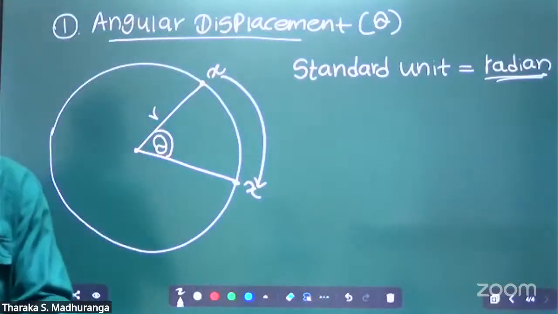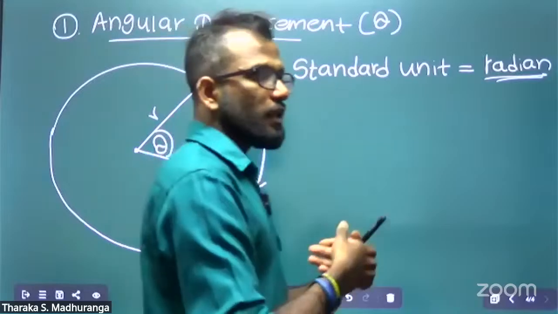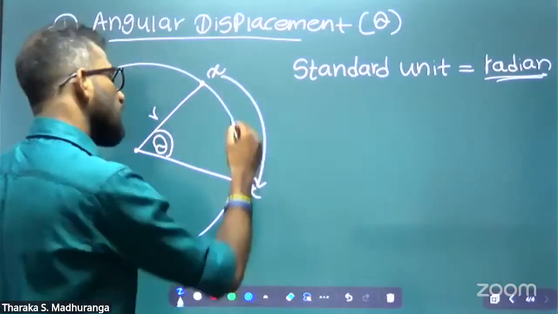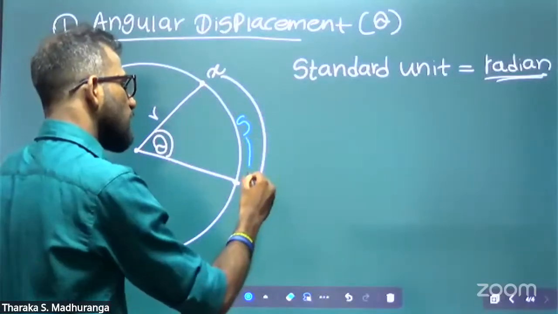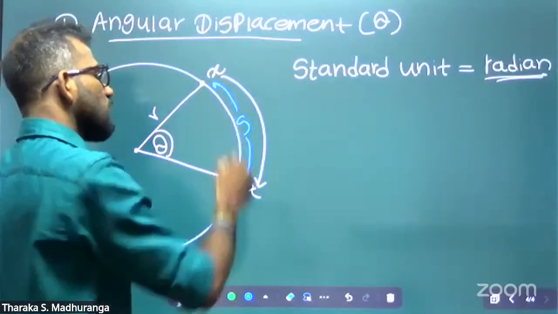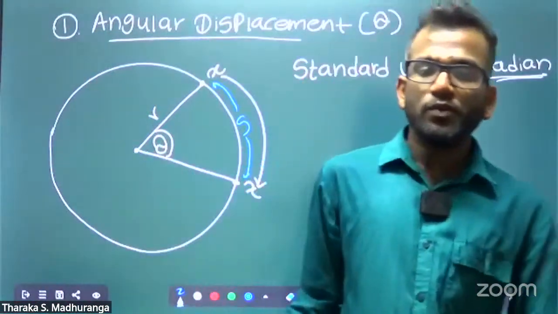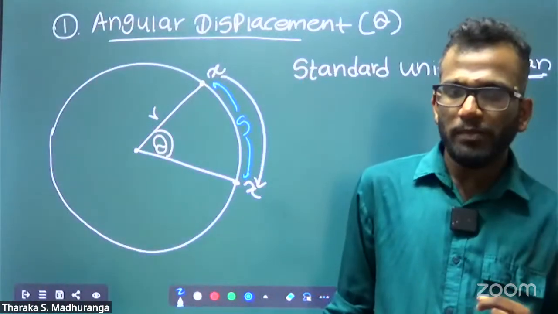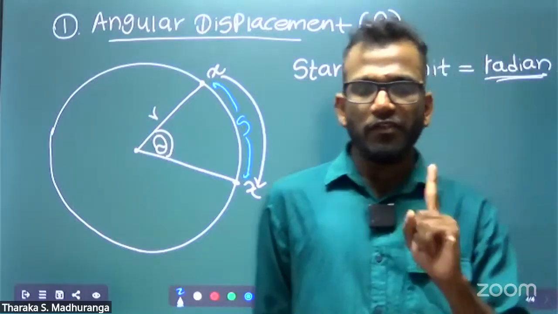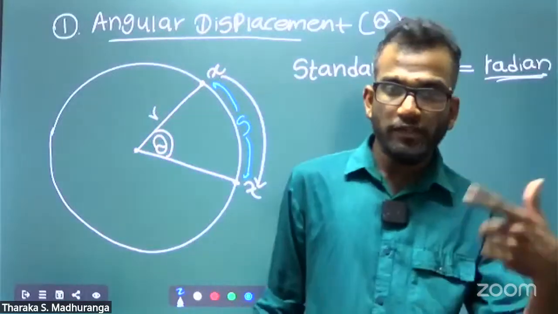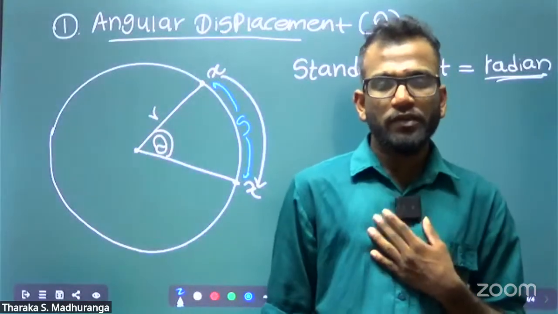To understand that, think this rotation arc length is S now. Do you remember the definition of 1 radian? I told you to revise again before today's lesson.